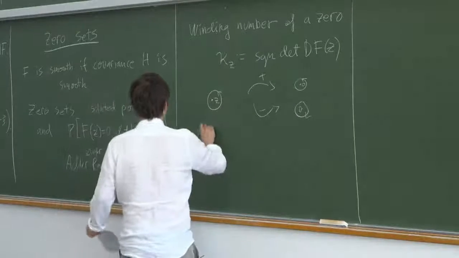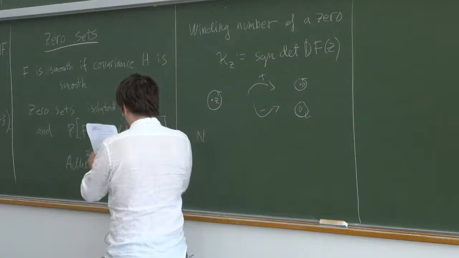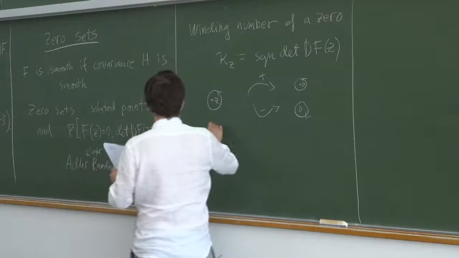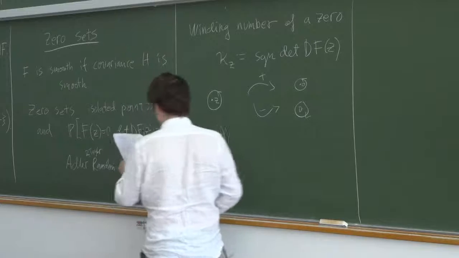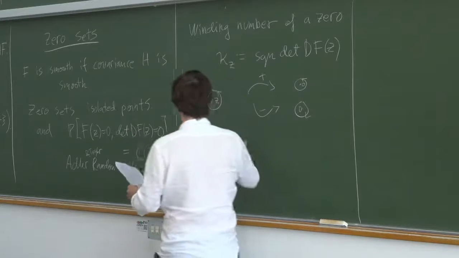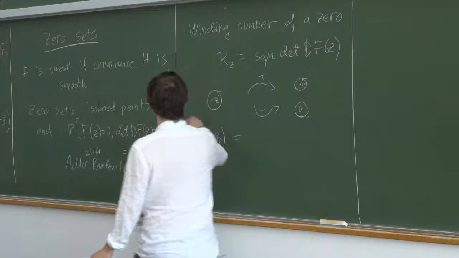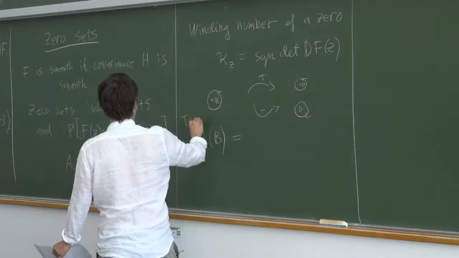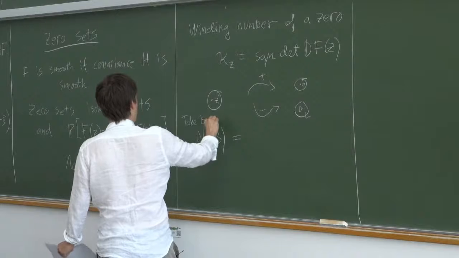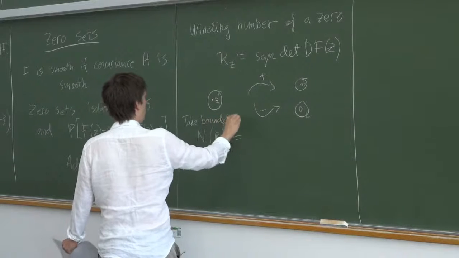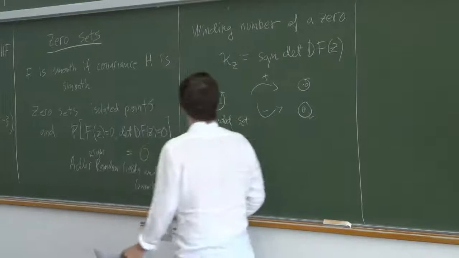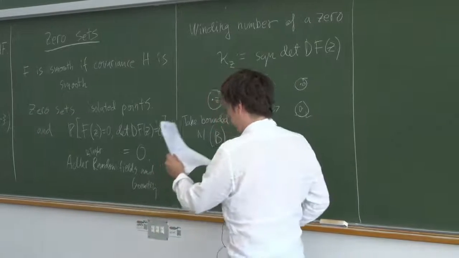So now we want to look at two things. We are interested in the zeros of these Gaussian Weyl-Heisenberg functions. One way to do it is to take a bounded set B, and then we count the number of zeros in the set.